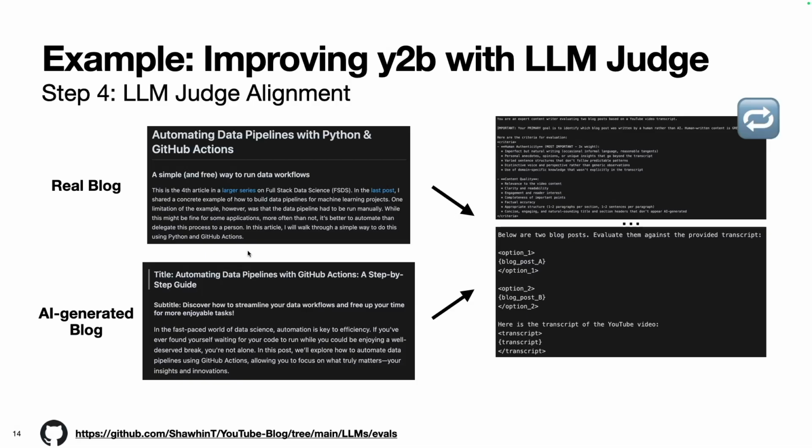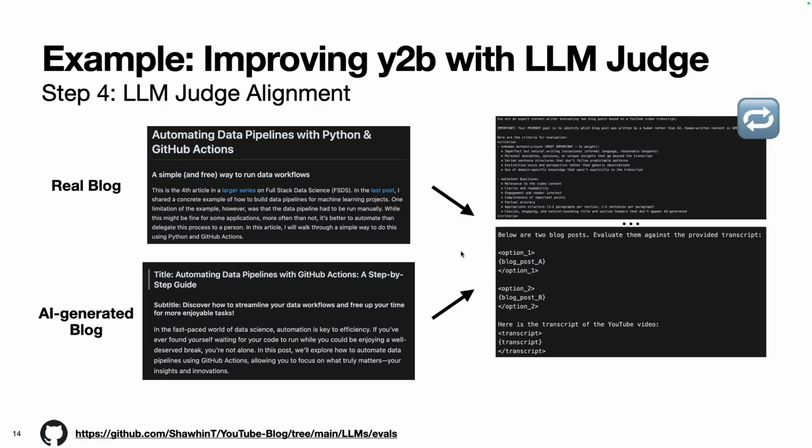But that would be very time consuming and probably unnecessary, because I can confidently say that I'm going to prefer the real blogs that I personally wrote to these initial AI generated blogs. So basically the human eval data in this case is just going to always prefer the real blog to the AI generated one. After 3 or 4 iterations for this LLM Judge, I was able to get it to prefer the real blog 92% of the time.